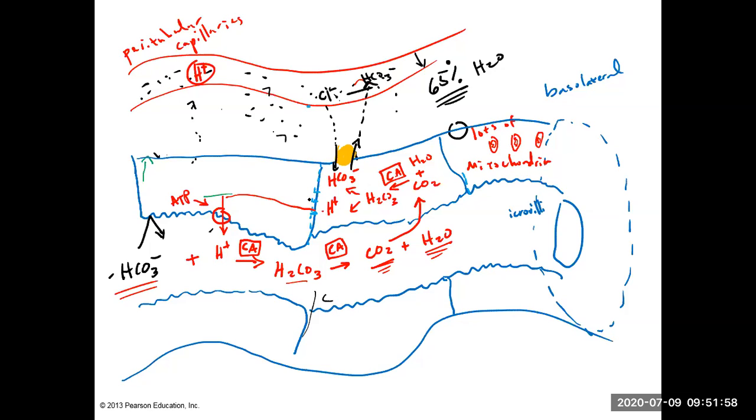But HCO3 also can go via the symport with the sodium channel. So HCO3 can go out along with the sodium. Earlier we discussed this, and this is also known as the symport. Don't worry too much about that. The idea is we just absorb the HCO3.